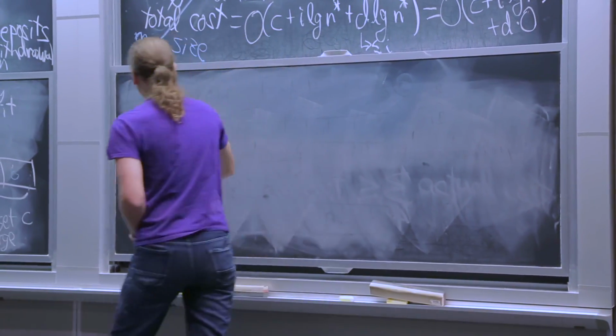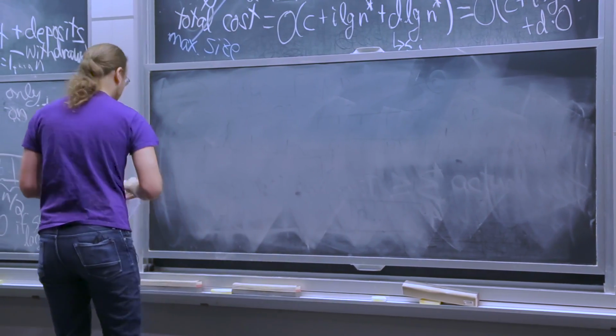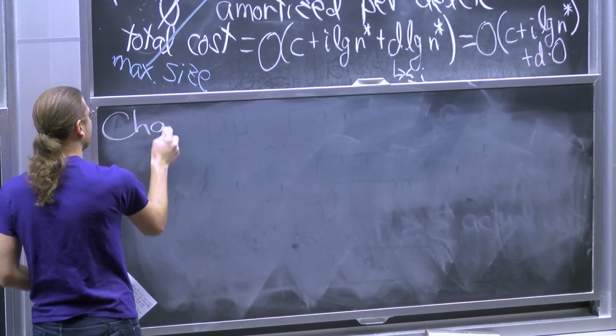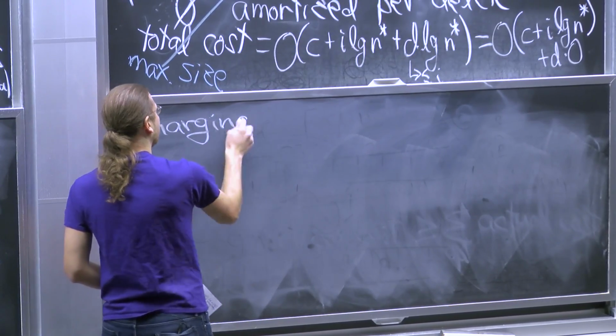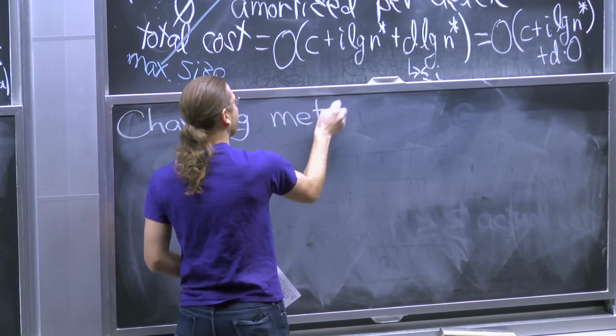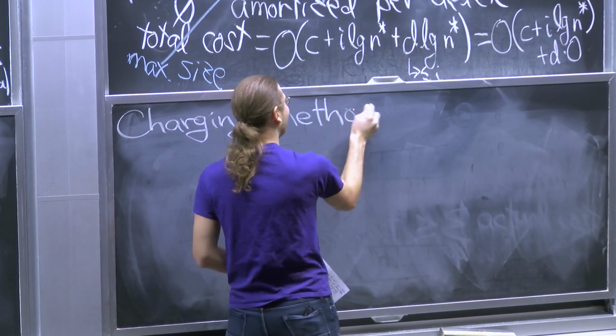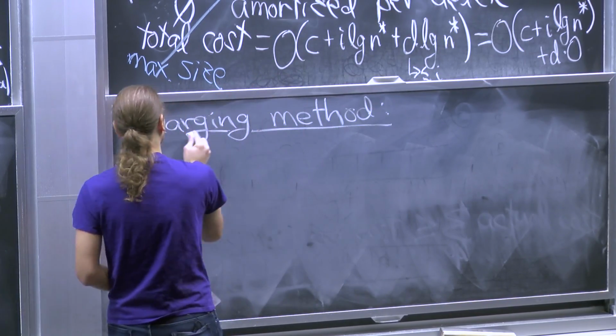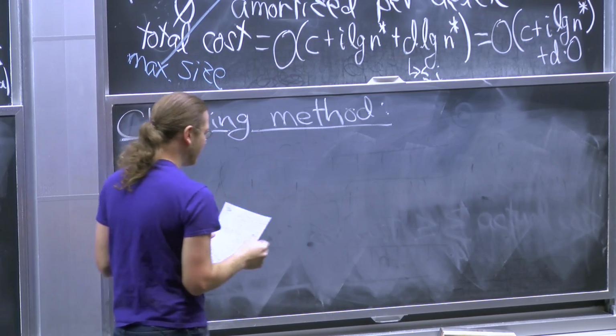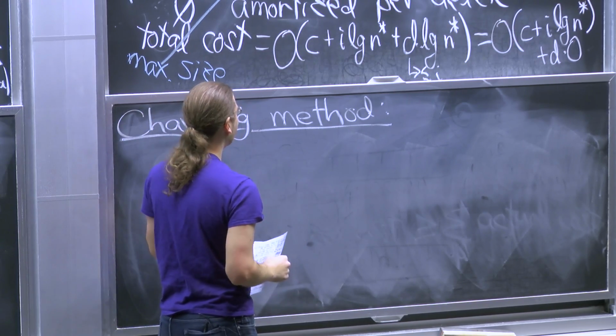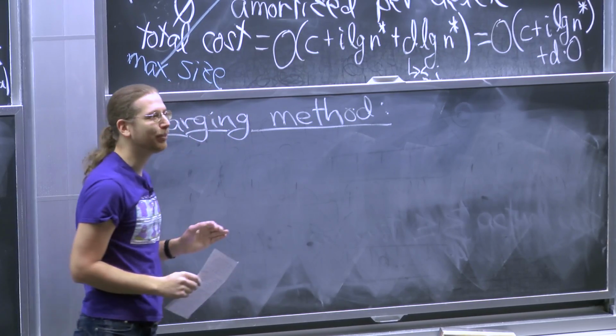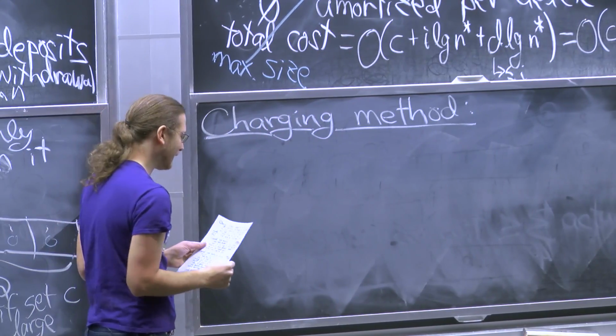So I figure it's worth teaching. It's called the charging method. It's also a little bit more time travel-y, if you will. So if you like time travel, this method is for you. Or maybe a more pessimistic view is blaming the past for your mistakes.